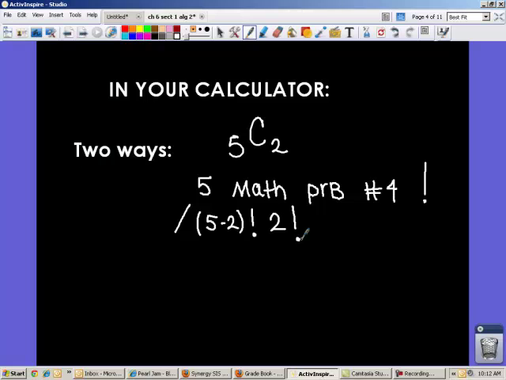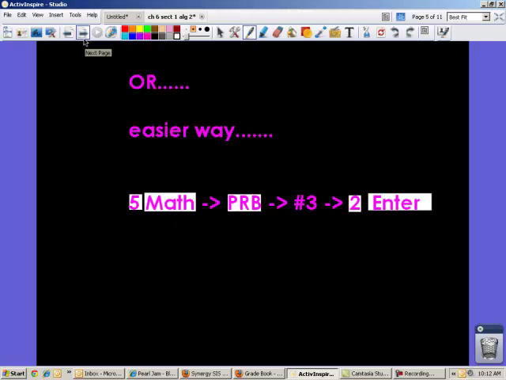Now, that's a lot of buttons to push, but when you push enter, you get the right answer. Here is another way that you can do it in your calculator, and it's way easier. You're going to hit 5, math, go over to probability. Instead of hitting number 4, you're going to hit number 3.